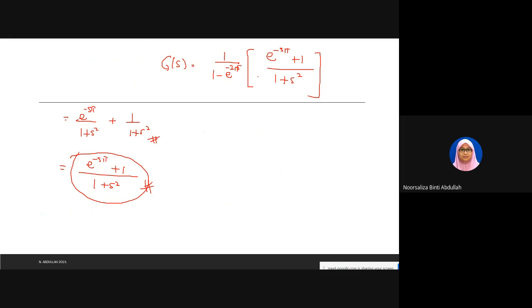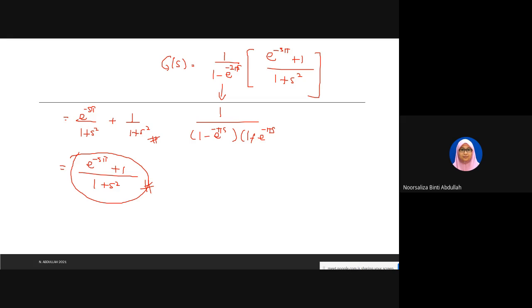Okay, and this one 1 minus exponent minus 2 pi s is actually equals to 1 minus exponent pi s times 1 plus exponent negative pi s.